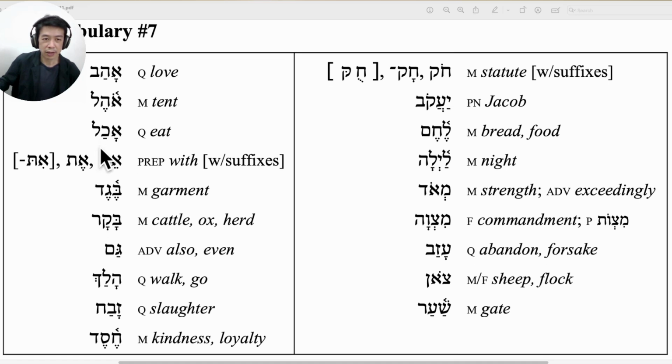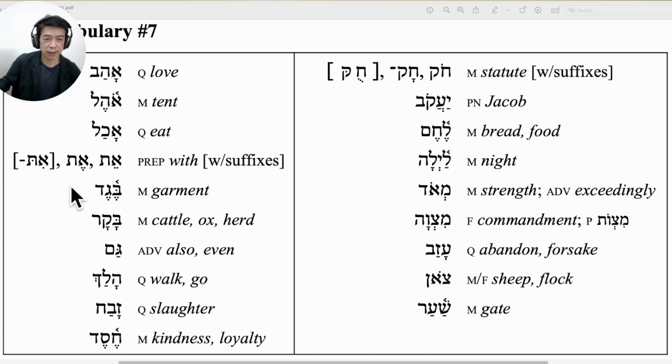The next word is a preposition with suffixes, et, it. This is also it, but this one with suffixes is eat.